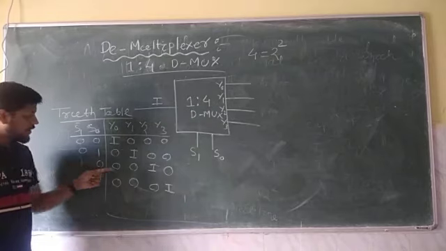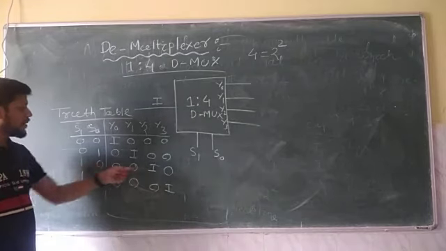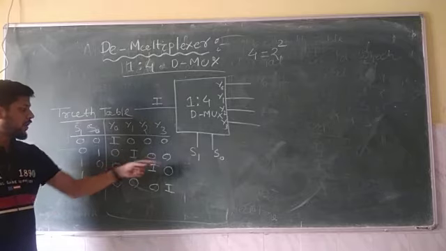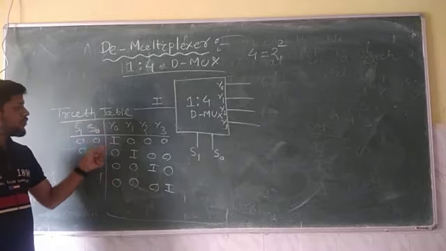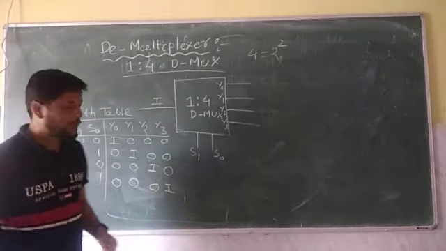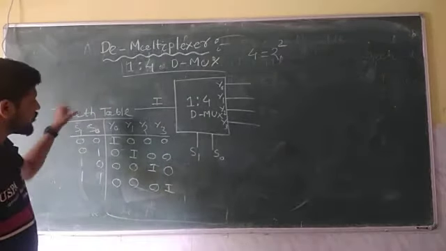When 1, 0 is given, Y2 is equal to I, but remaining all are 0. 0, 1, Y1 is connected with I, remaining all are 0. When 0, 0, Y0 is equal to I. So at a time only a single output is connected with the input. So this is your truth table.